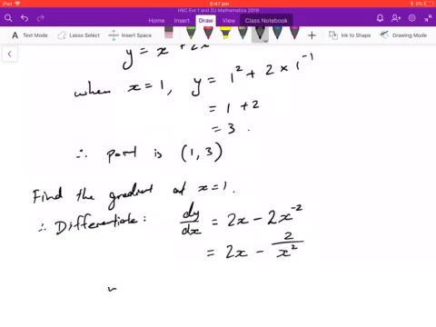So when x is equal to 1, the gradient m is equal to 2 times 1 minus 2 over 1, which is equal to 0.